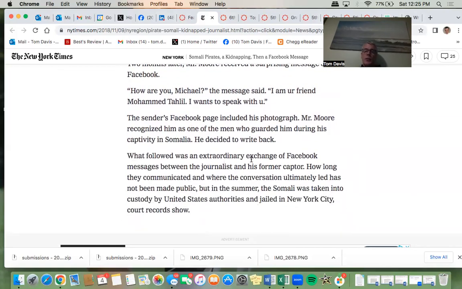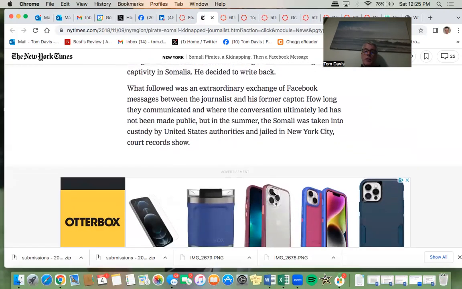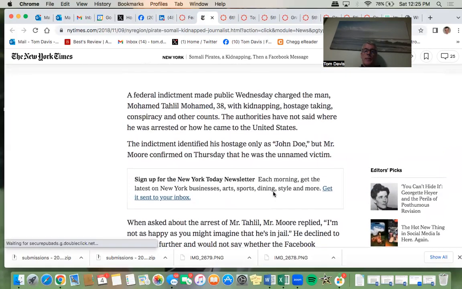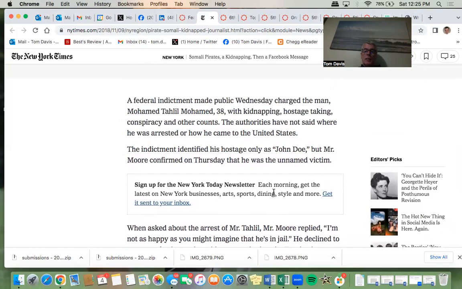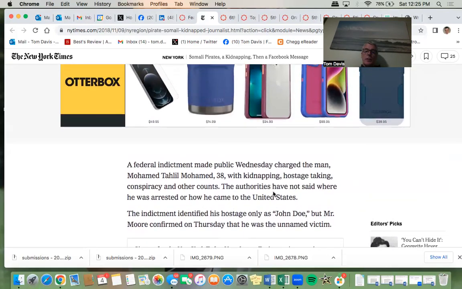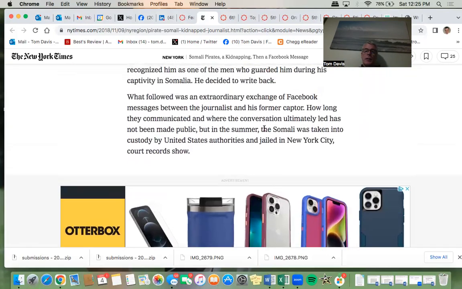What followed was an extraordinary exchange of Facebook messages between the journalist and his former captor. How long they communicated and where the conversation ultimately led has not been made public. But in the summer, the Somali was taken into custody by United States authorities and jailed in New York City. Basically, this led to a conversation, but it also led to an arrest.